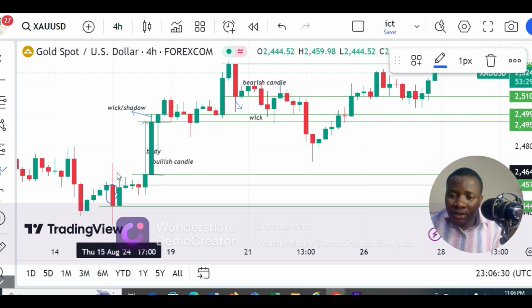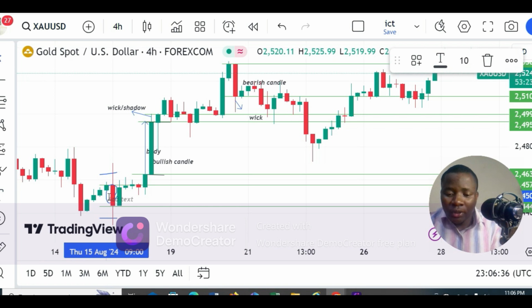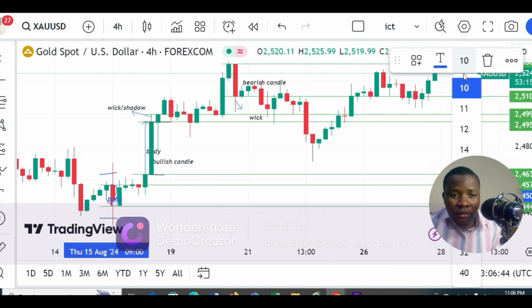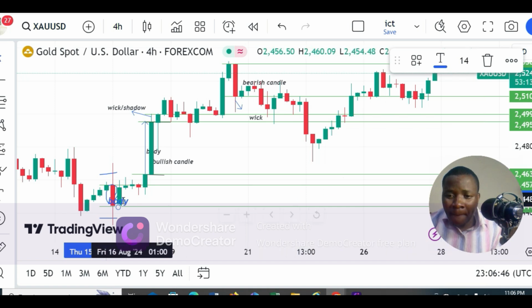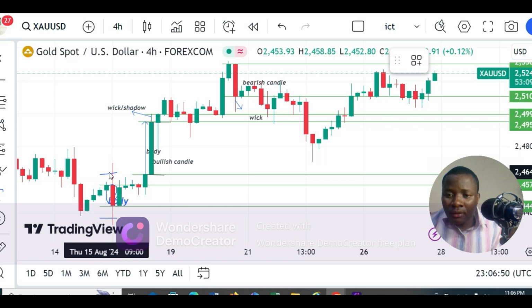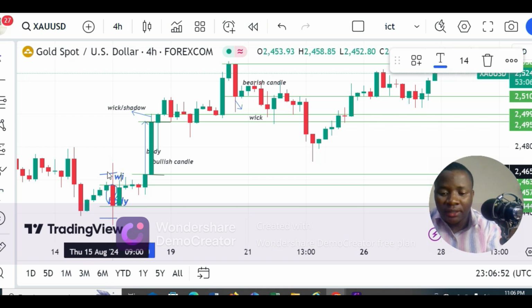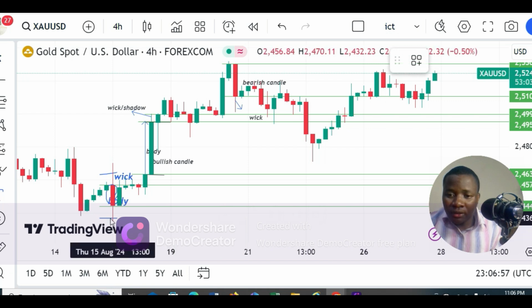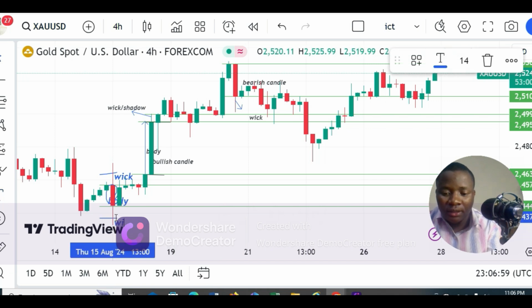And now we have the wicks. That is the wick, and this is the wick. So we have the body, and we have the wicks on both sides. That is a wick. Also we have another wick on the lower side.